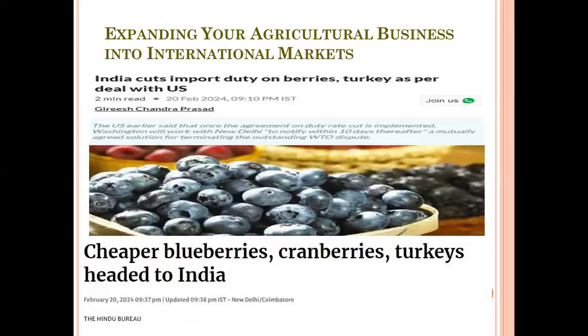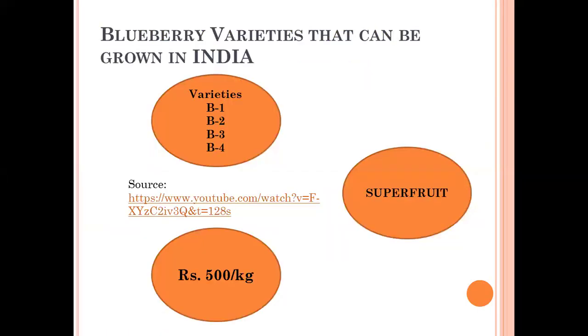The next commodity that I can suggest is blueberries. Nowadays, blueberries in the market, we call them a superfruit, and the price is like 500 rupees per kg. So we can go for this commodity also.